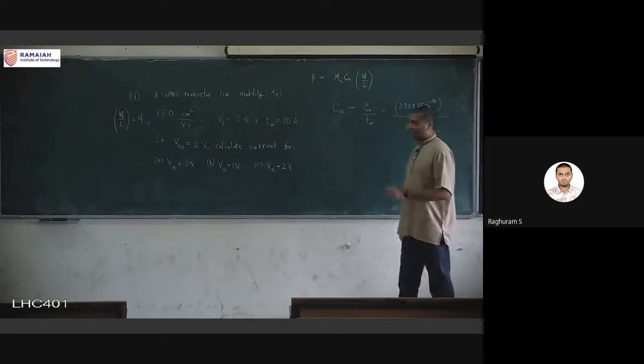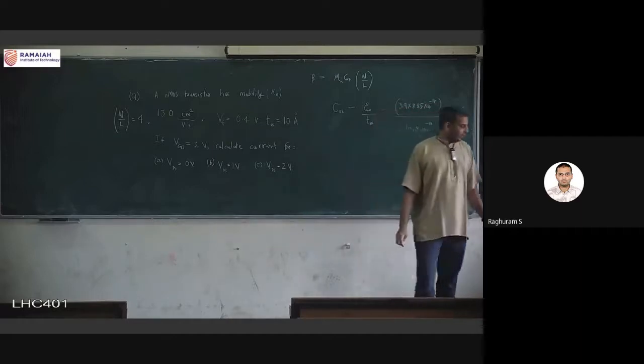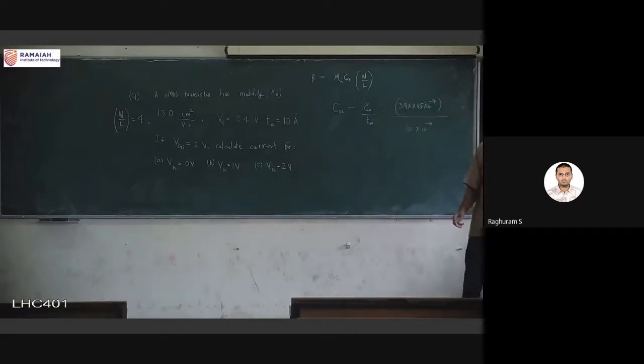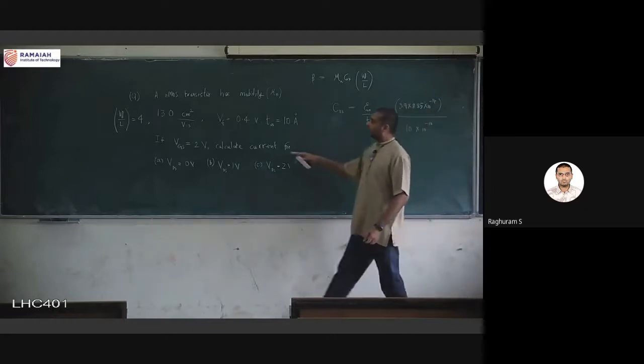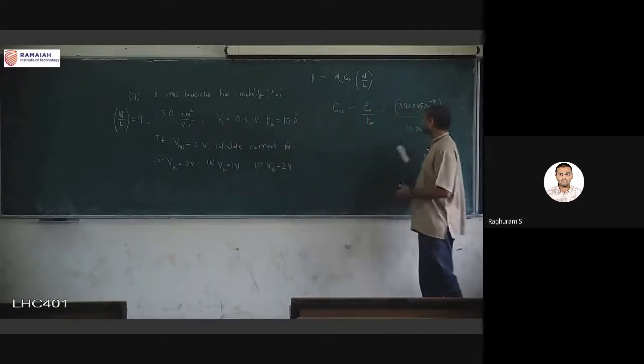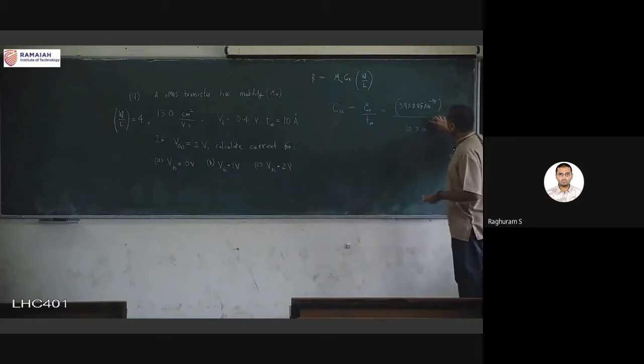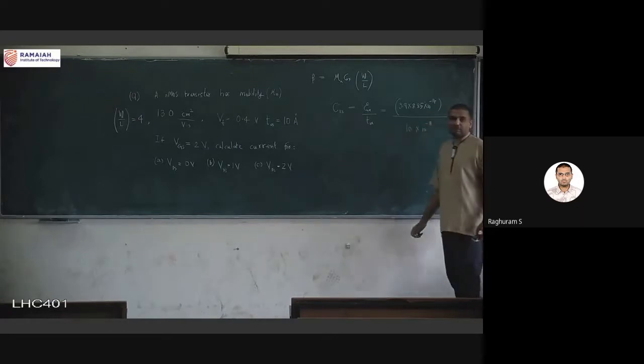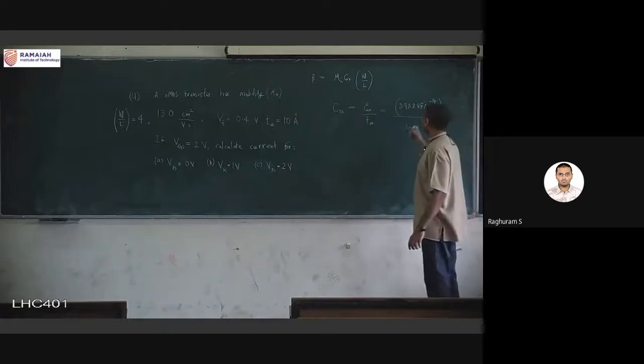But remember, all our calculations for this, that is why I have written these units also, all the units will be in centimeters. So if I put it in meters, I will be making a mistake. I have to make the conversion from angstrom into centimeters. So 10 power minus 8 centimeters. And this is the first part.